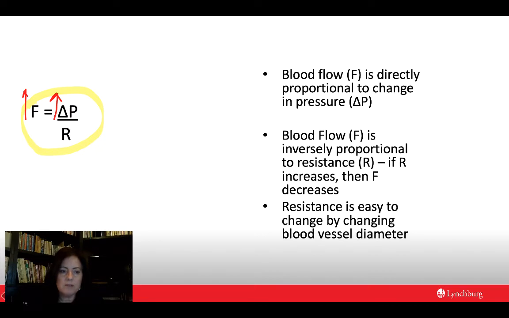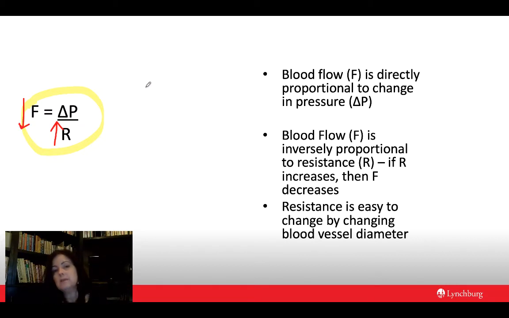On the flip side of it, the relationship we have with resistance and flow is an inverse relationship. As resistance increases, and we can think about resistance as being caused by several different factors like blood viscosity, blood vessel length, blood vessel diameter, which is probably the most changeable aspect of resistance, flow is going to decrease.